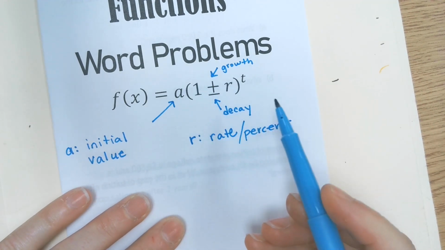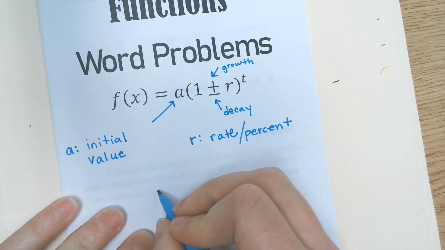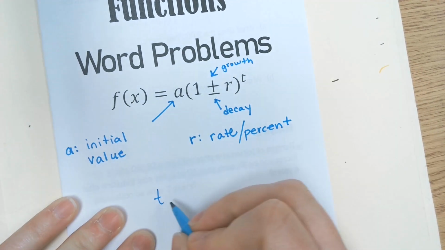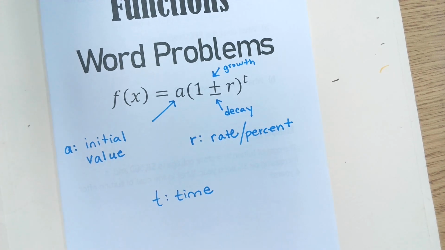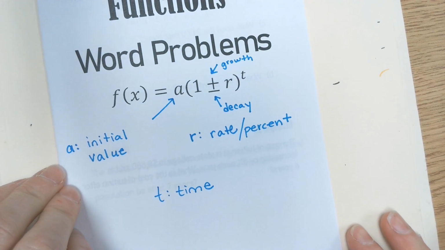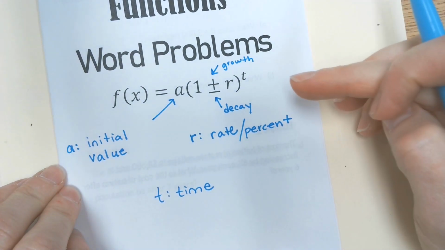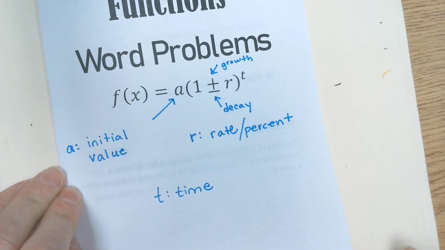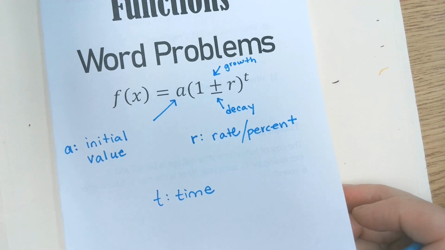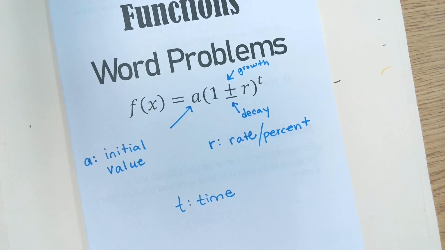It's going to be B. T, where we have it right there, that's going to be time in years. So we have two equations in one. We add one if it's an increase. We subtract from one if it's a decrease. So we are going to set up equations and then solve them for a certain amount.